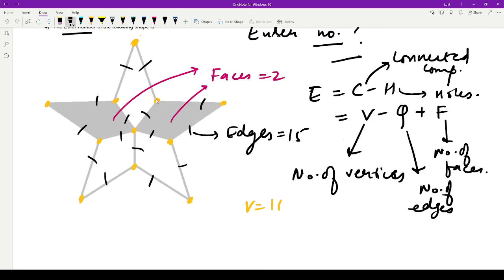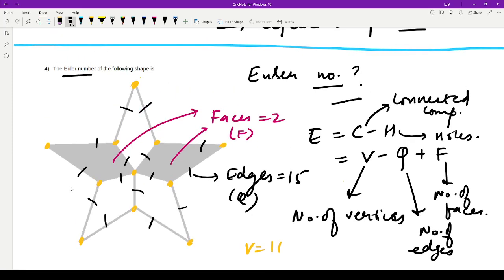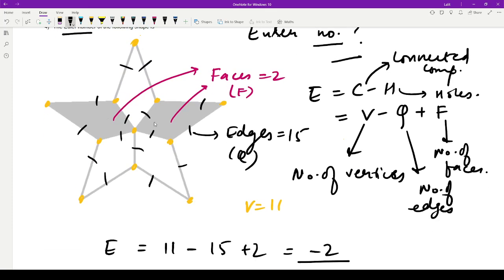So given this, we can just put the formula out there. Edges is Q, faces is F, and vertices is V. So 11 minus 15 plus 2, which is minus 2. So this is the Euler number for the specific star-shaped thing, which has two faces.